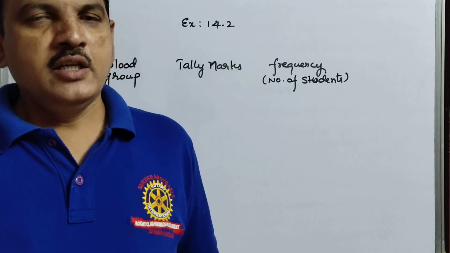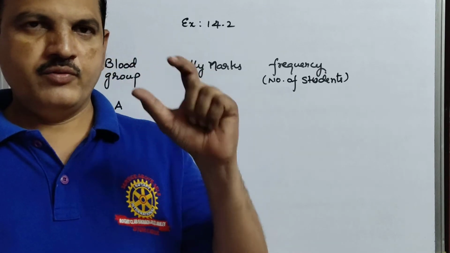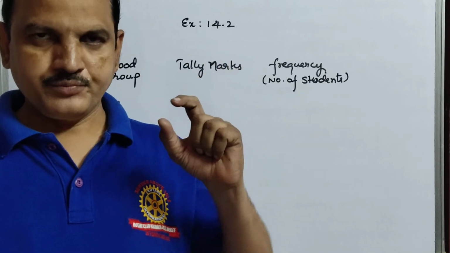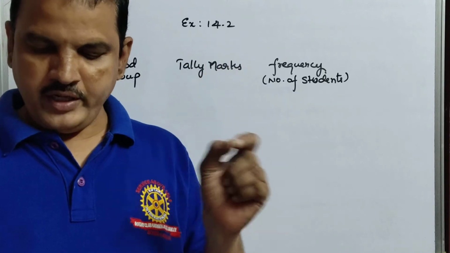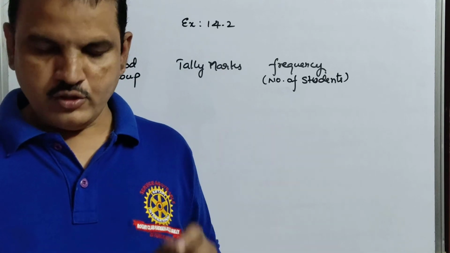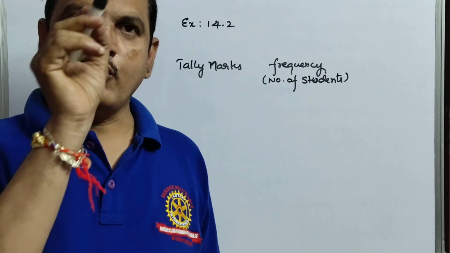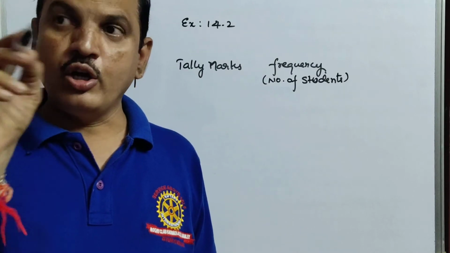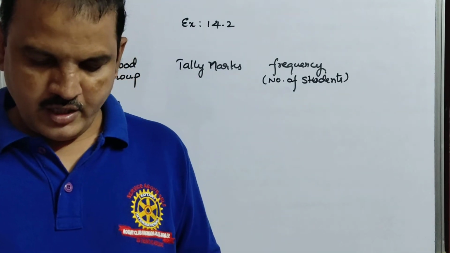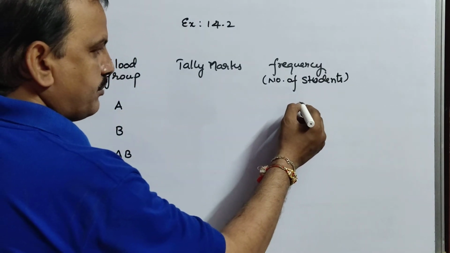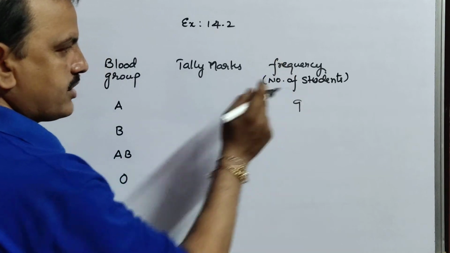Whenever you are counting with a pencil, draw a circle around each A first and count all the A's. As I told you, there are 9. So the number of students is 9. That means the frequency is 9.